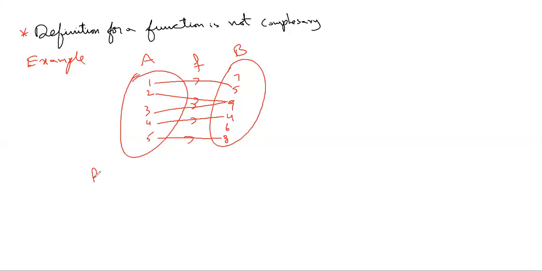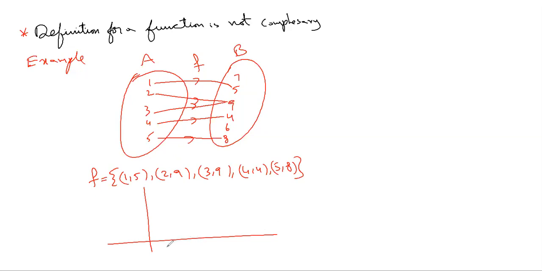It's just a function. You can give the arrow diagram form. You can give the list form of it: 1, 5 and 2, 9 and 3, 9 and 4, 4 and 5, 8. And because it is a real function, you can give the graph of it also.